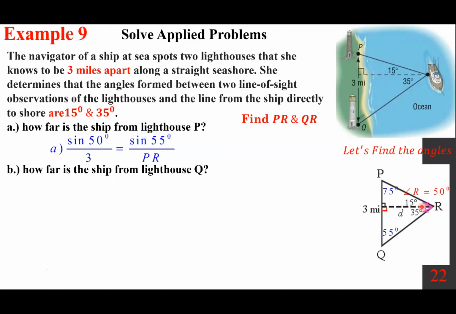Fifteen and 35 is 50. Sine of 50 over PQ, which is 3, is the same as sine of 55 over PR, which is missing, and we are looking for it. Cross product. PR is what? The product of these two, 3 sine 55 divided by sine of 50.